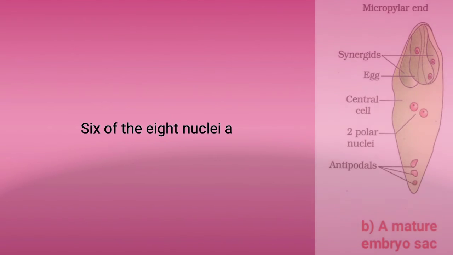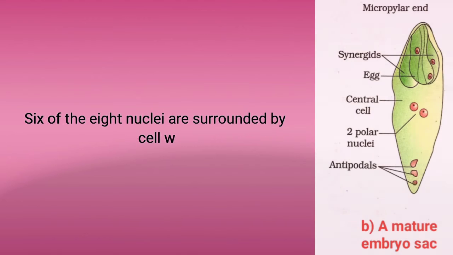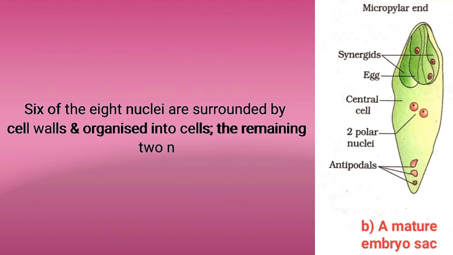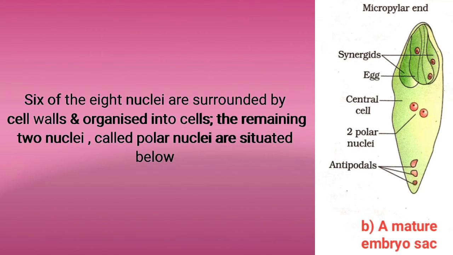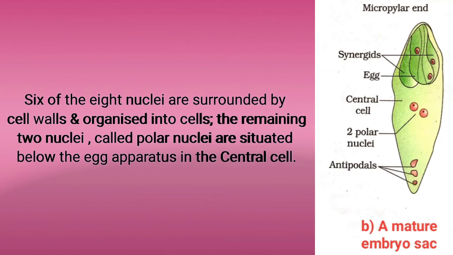6 of the 8 nuclei are surrounded by cell walls and organized into cells. The remaining 2 nuclei, called polar nuclei, are situated below the egg apparatus in the central cell. Now look at the diagram. Here the two opposite poles are the micropylar end and the chalazal end.